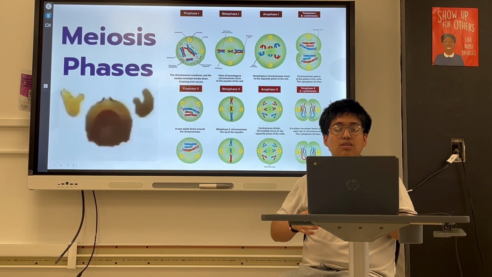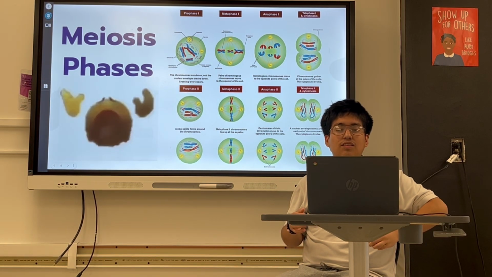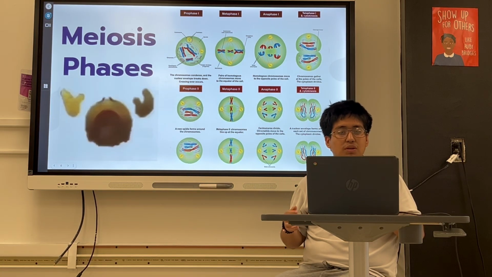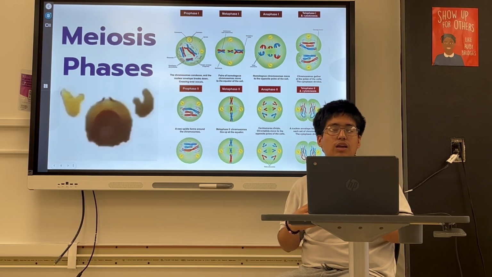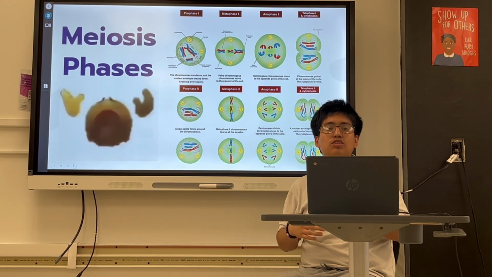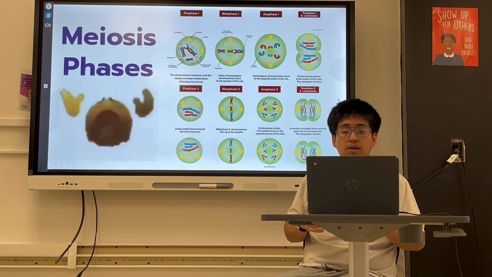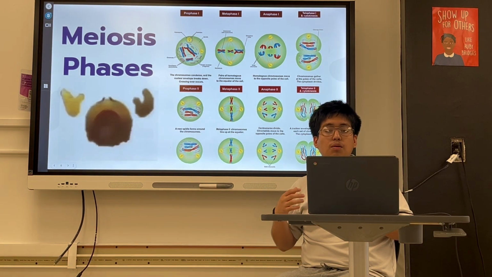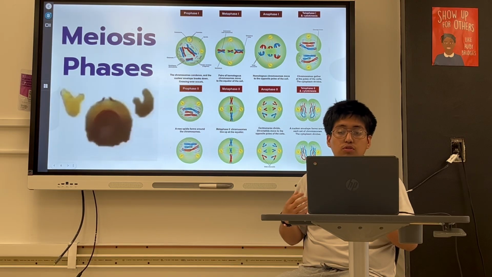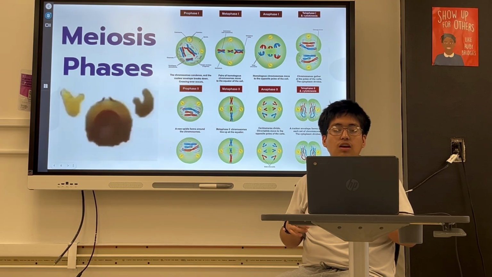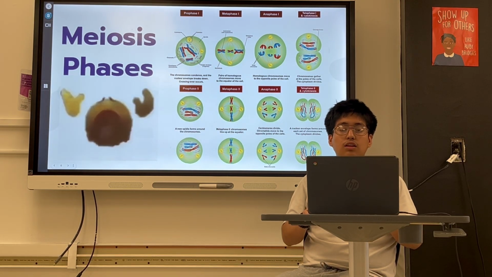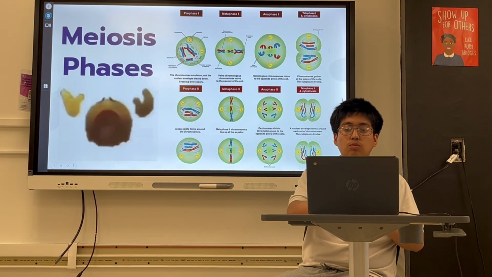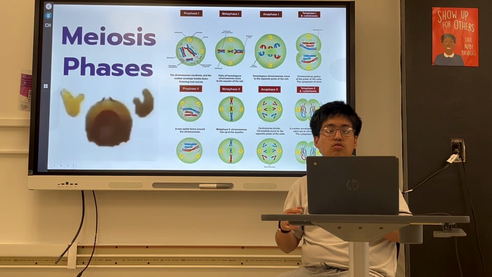The orientation of each chromosome pair is set at random, a process called independent assortment, which is another way that meiosis creates genetic variation. It contributes greatly to creating different combinations of maternal and paternal chromosomes in gametes, connecting to one of the many differences meiosis and mitosis have, since chromosome pairs align together during this phase.